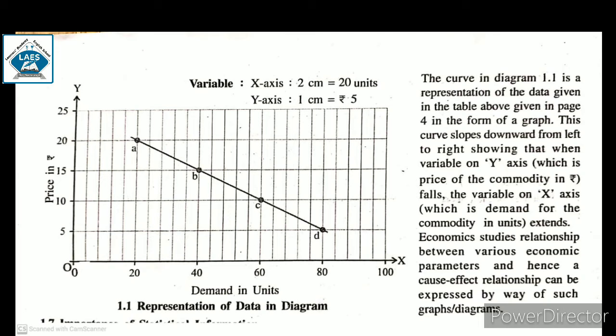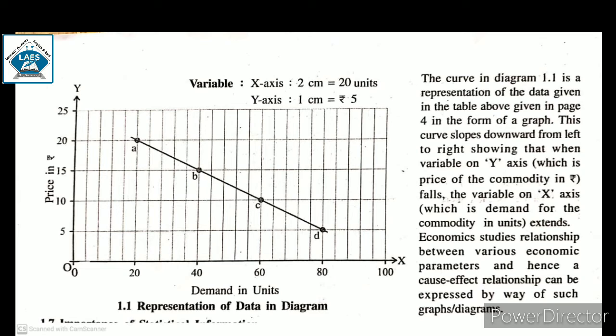Over here it is given 1.1 representation of data in diagram. In the diagram you see the x-axis and the y-axis. On the x-axis demand in units is measured. On the y-axis it is representing price in rupees.